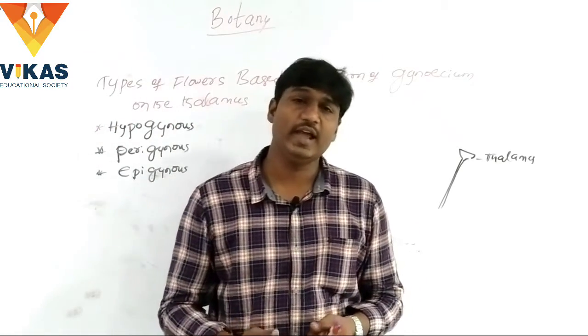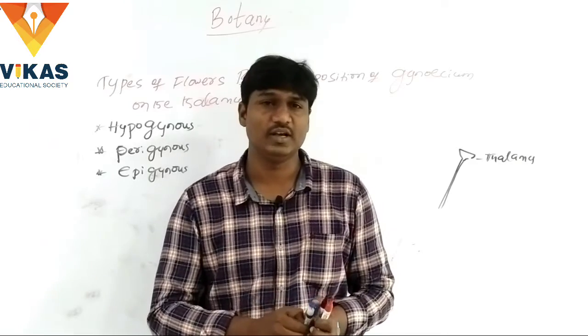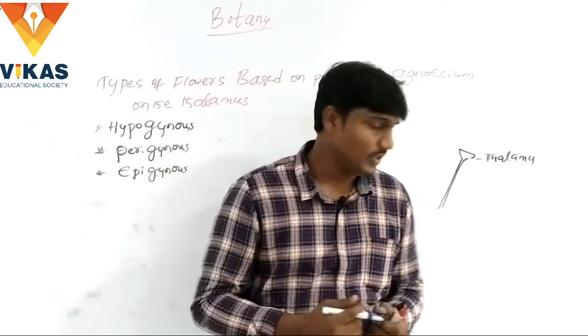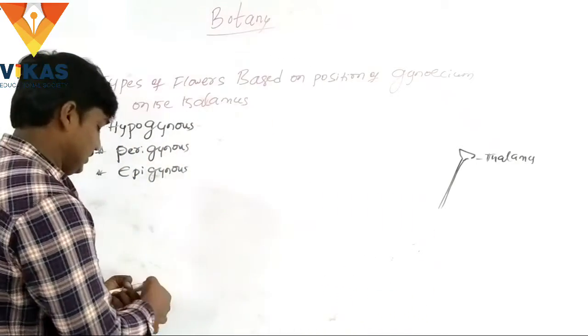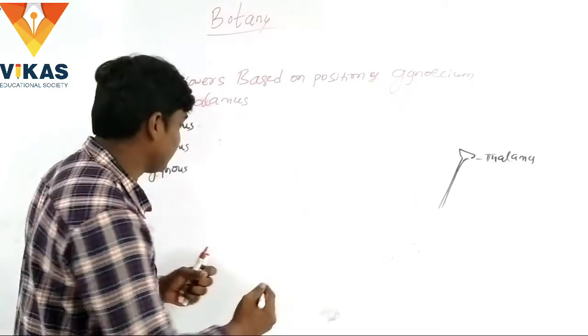Hypogynous, perigynous and epigynous: these are the three types of flowers based on the position of the gynoecium on the thalamus. So first one, hypogynous. What is a hypogynous flower?